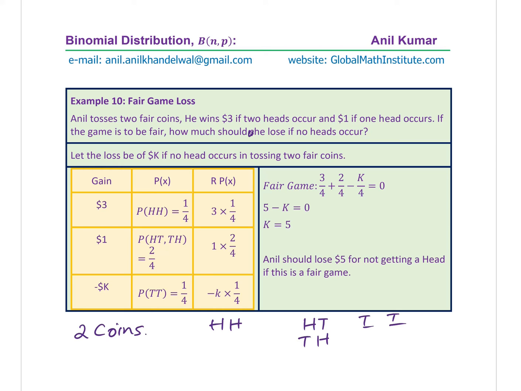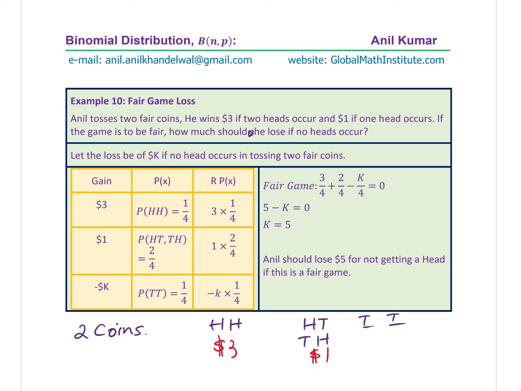These are the conditions, right? So these are the 4 conditions which you come up with. Now, he wins $3 for 2 heads. This results in $1, and that is a loss, correct? Now you have to pay something, and that will be lost. That is what the idea is.